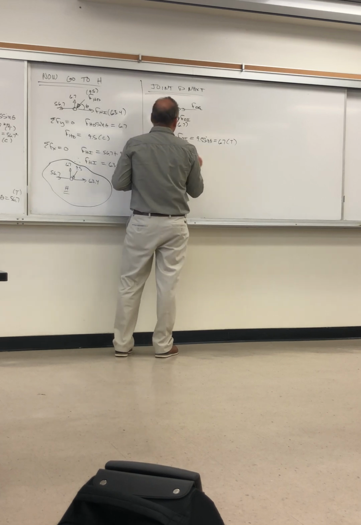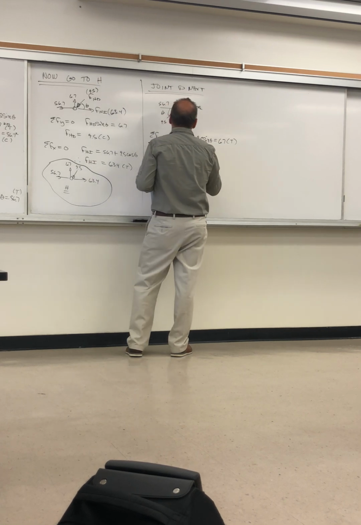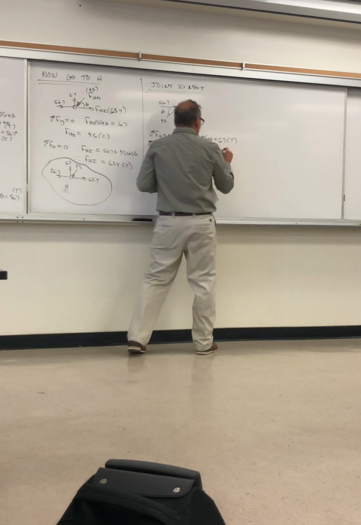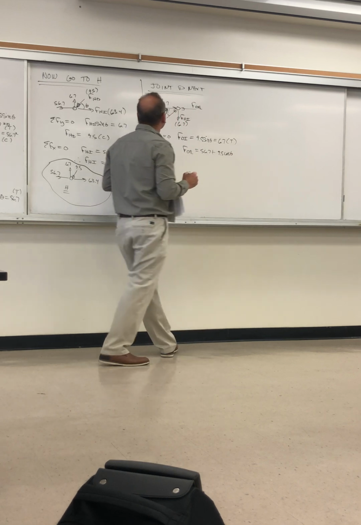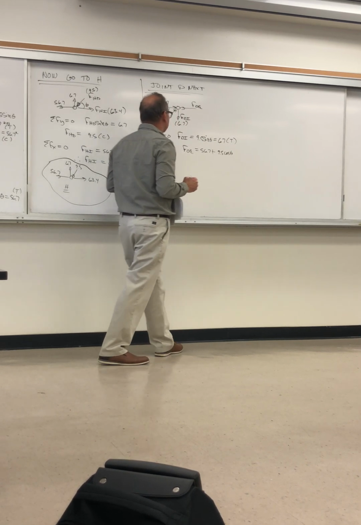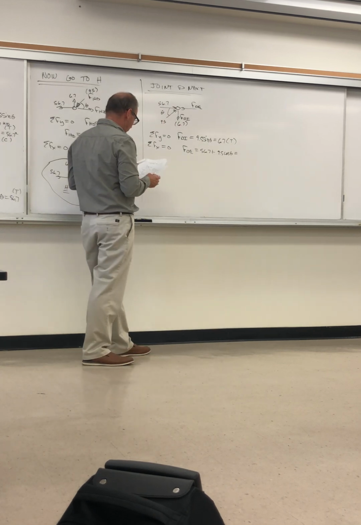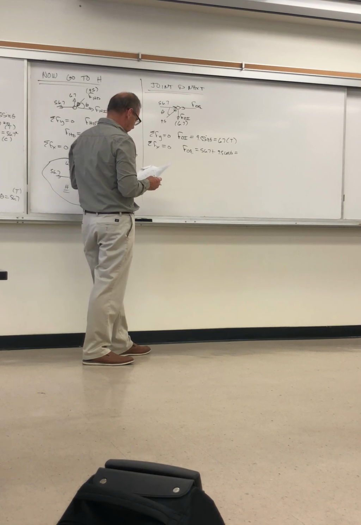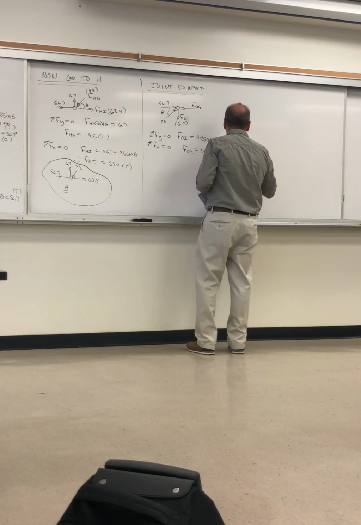Summing forces in the x is 0. F of DE equals 56.7 plus 9.5 times the cosine of theta. That's 63.4 compression.